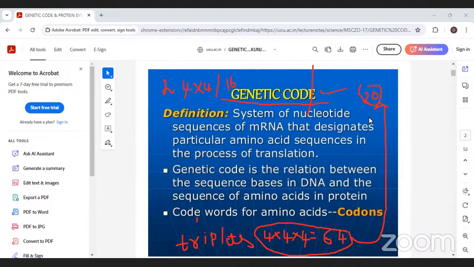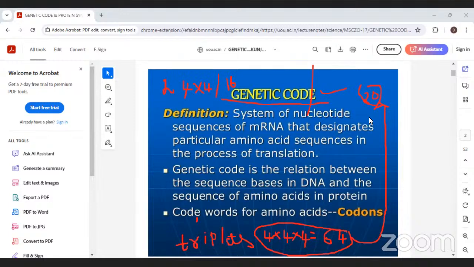The problem of the great number of triplets has been solved by postulating the view that in the case of some amino acids, more than one triplet, say two or even as many as six, may act as one code.